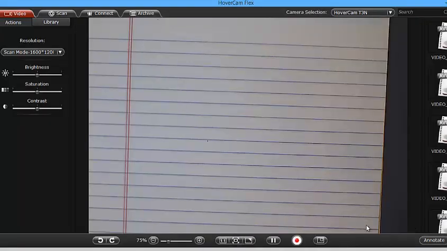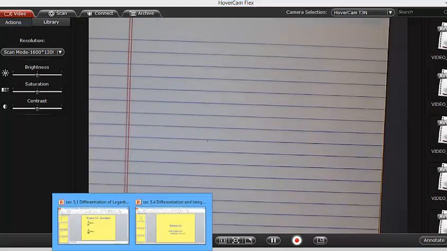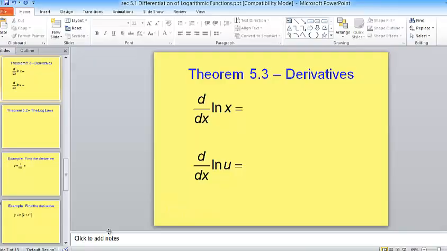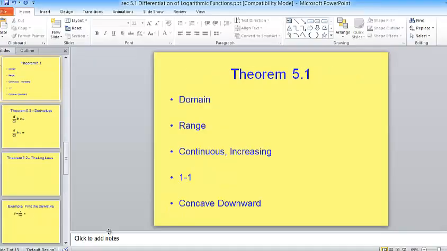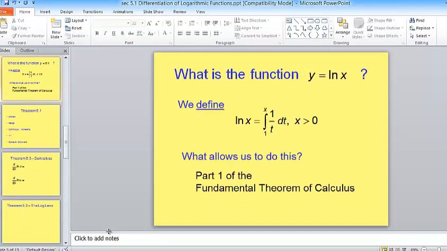Okay, so, back to our program here. We covered these things, and we also defined the logarithm last time, right? This is the log. What does that mean again? It's what kind of function? I call that an area function, right? It's area under which curve?